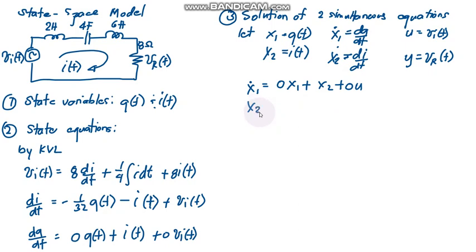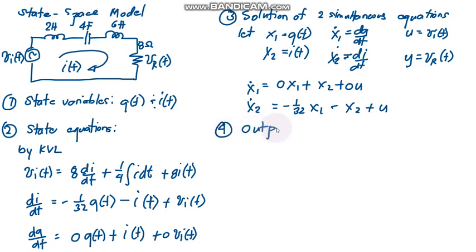And then x2 dot would be equal to negative 1 over 32 x1 minus x2 plus u. Okay, so that is our solution to the simultaneous equations.